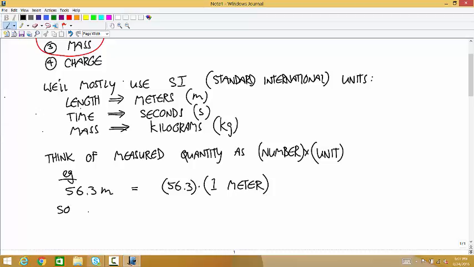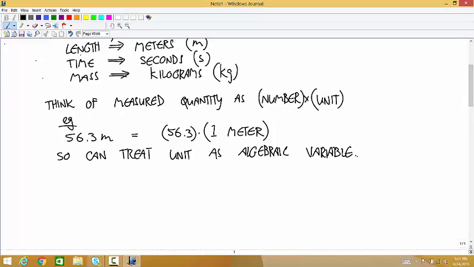So you can treat the unit as an algebraic variable. That lets you cancel units.